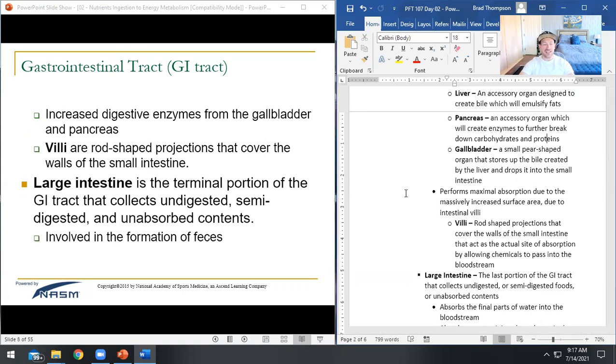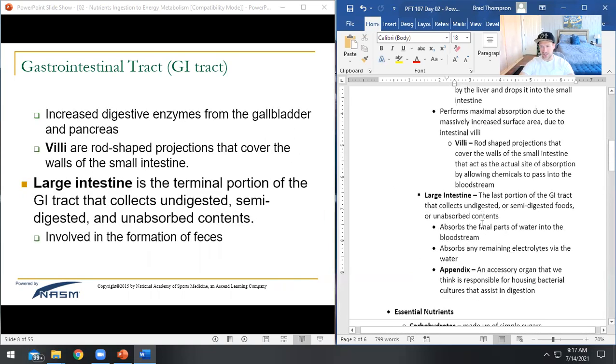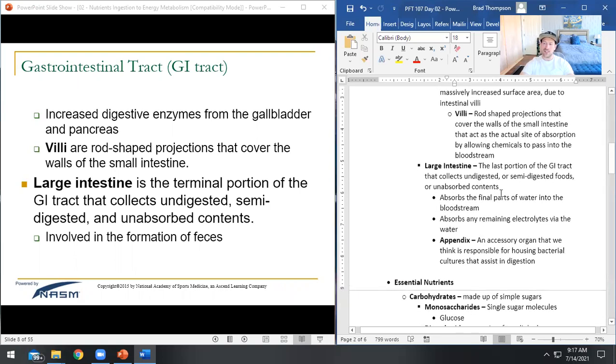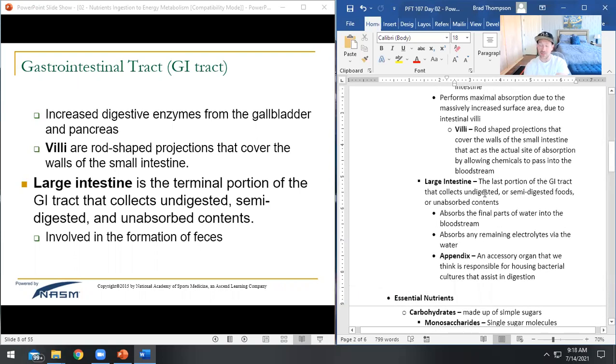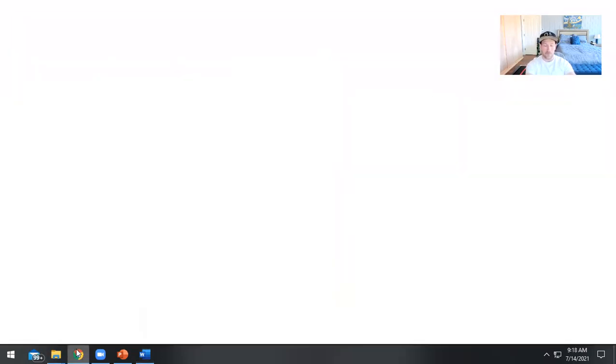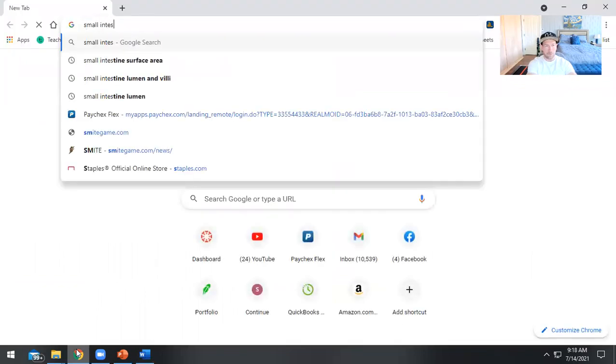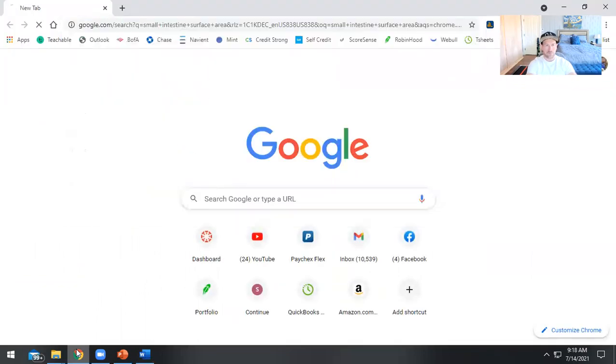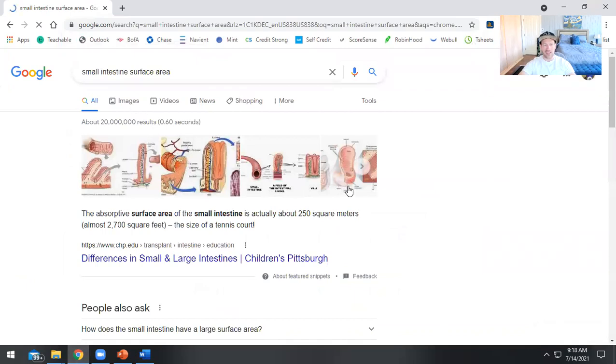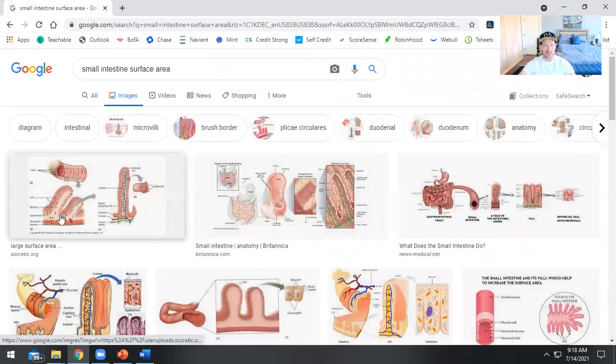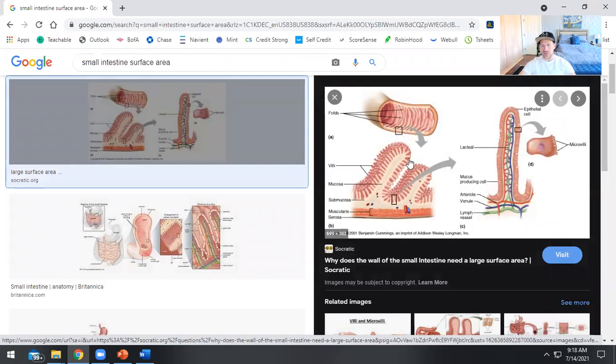Now, the inside of your small intestine is trying to absorb as many materials as possible, which means that it needs a massive amount of surface area. If you look at what your small intestine looks like, it's all of these little folds, and each of those folds has tiny villi, little projections from them.